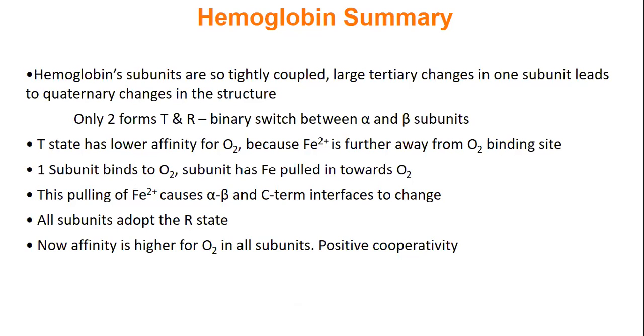T state, lower affinity for oxygen because iron's further away. If one subunit binds to oxygen, iron's pulled towards oxygen. Pulling up iron causes a bunch of conformational change in the alpha beta interface and at the C terminal interface. That's what the pictures were showing in the previous slide. When this happens, all the subunits can now adopt the R state. Now all the subunits want to bind oxygen.